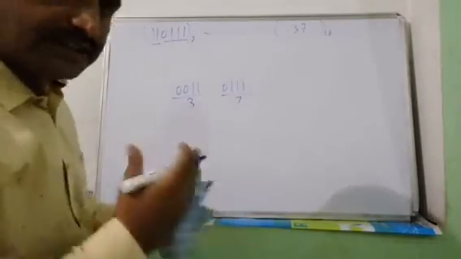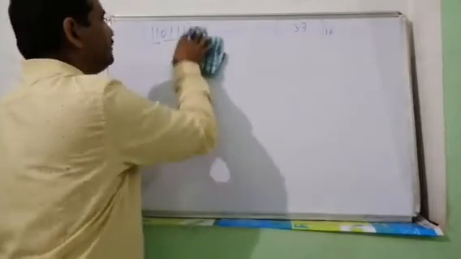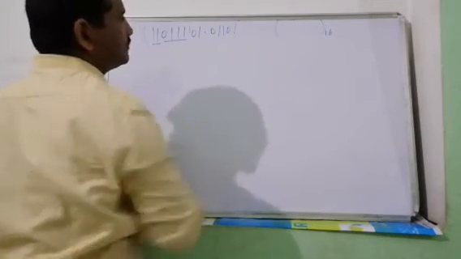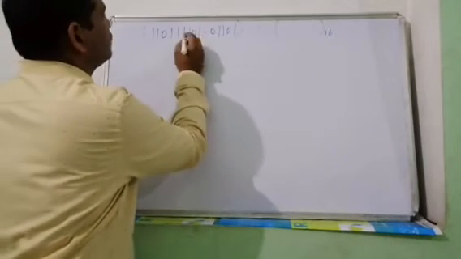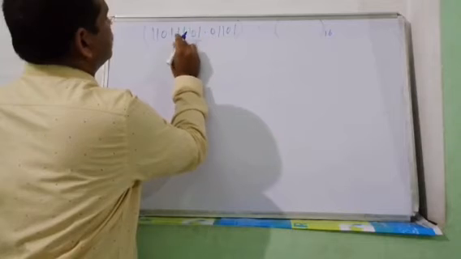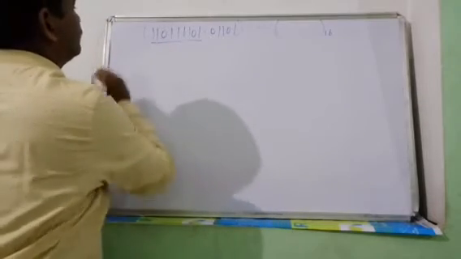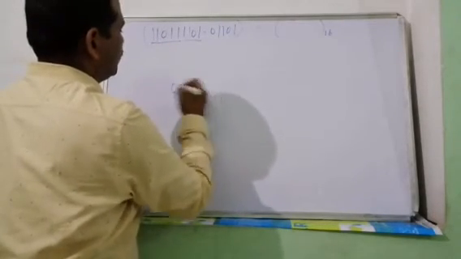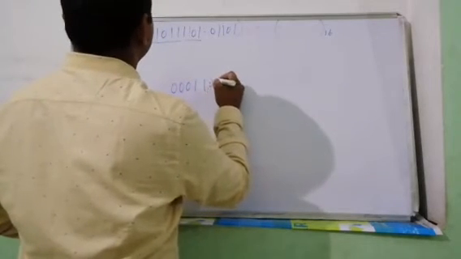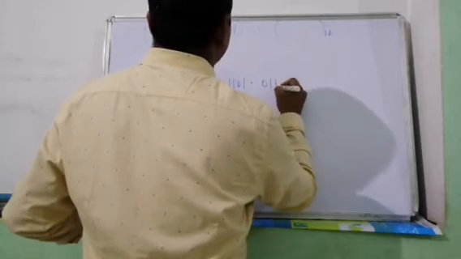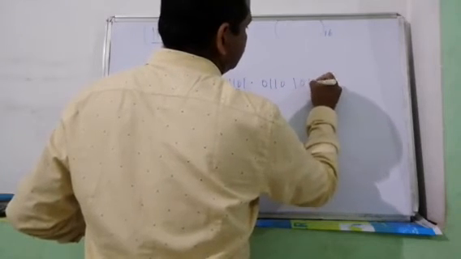If you want to convert a fractional binary number, take the groups. 0001, then 1011, then 1101, then 0110, and 1000.